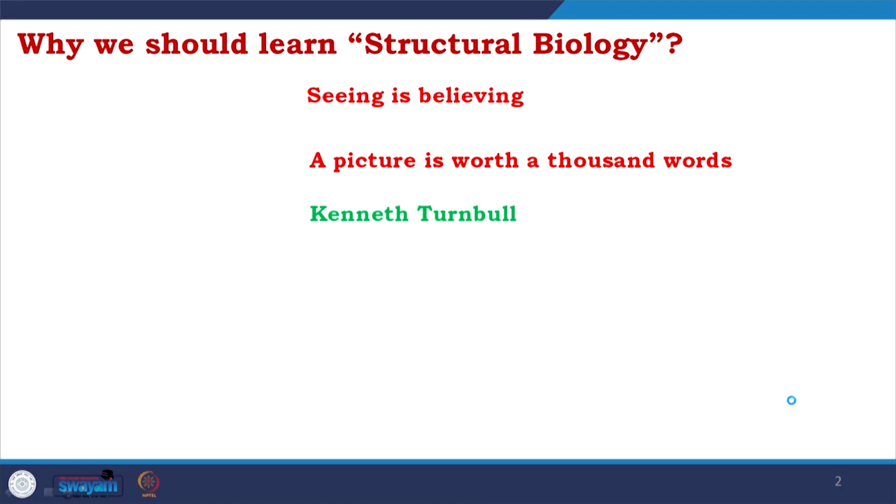I also quoted Kenneth Turnbull, who said a picture is worth 1,000 words. Today I am going to talk about a module which is about visualization. But interestingly, when I started I talked about picture visualization.